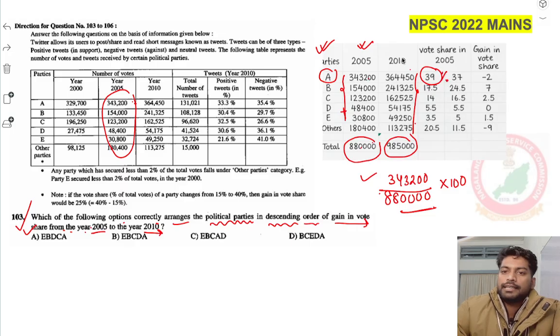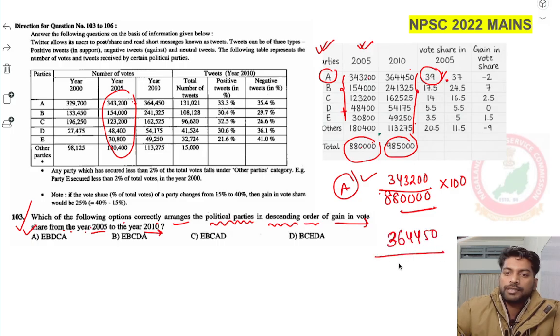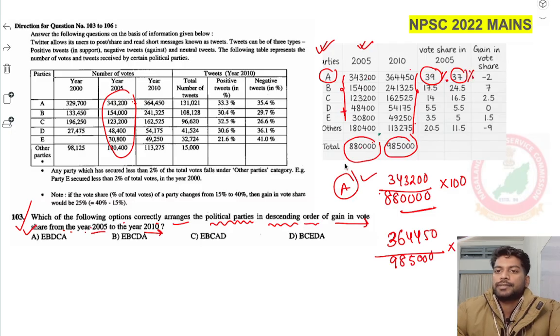Okay. In 2010, A's vote share was 364,450 out of total 985,000, into 100. The answer will be 37%.